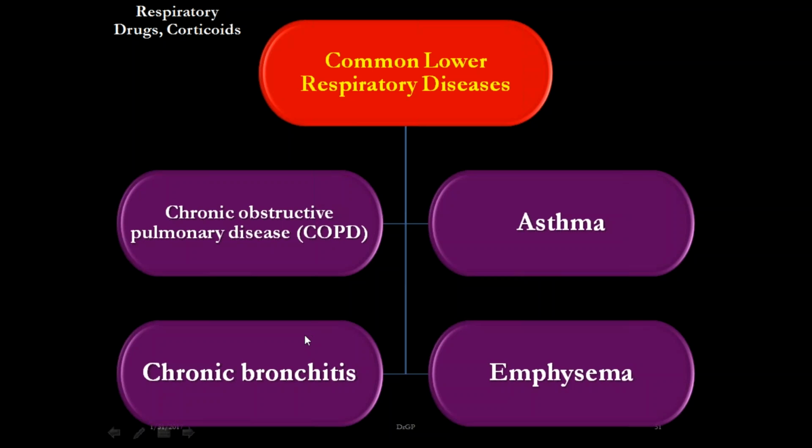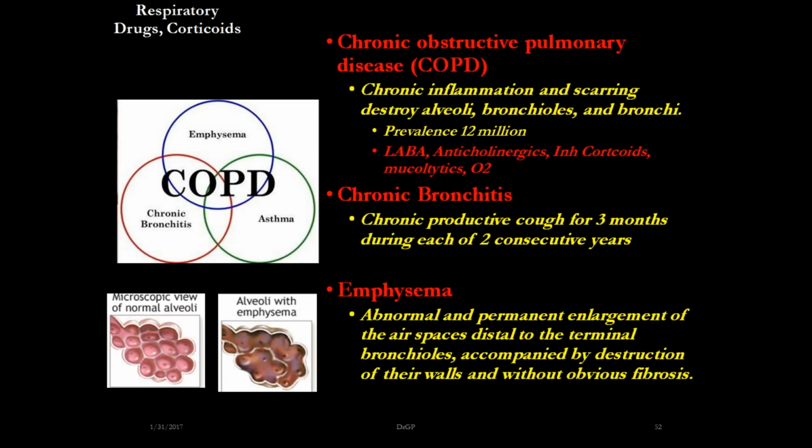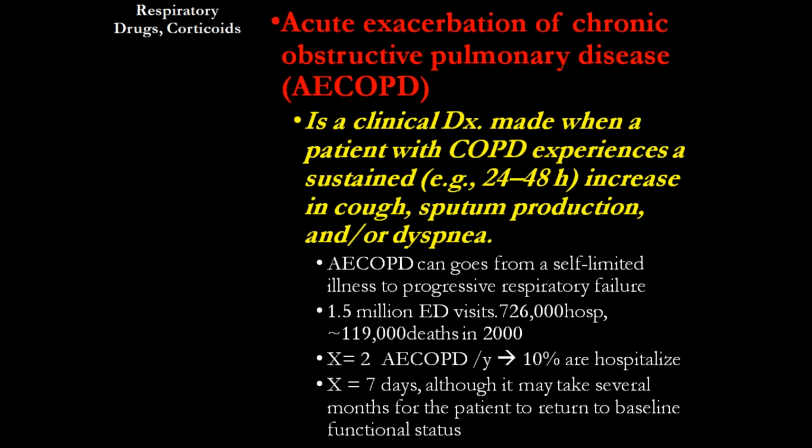So chronic bronchitis can lead into COPD alone. Asthma can lead into COPD alone. And emphysema can lead into COPD alone. A combination of asthma and chronic bronchitis is going to do the same. They can lead into COPD. There are others, atelectasis and bronchiectasis, that are not going to be part of this lecture.